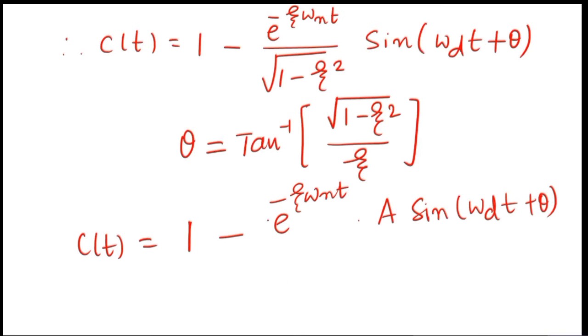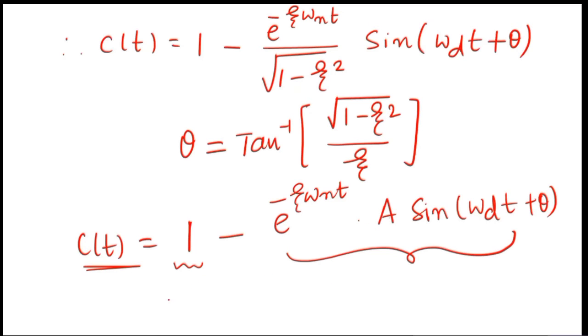If you observe this C of t value, it is composed of two components: a component whose value is constant with respect to time and a component whose magnitude is varying with respect to time.